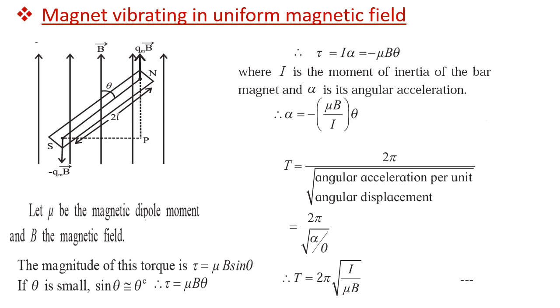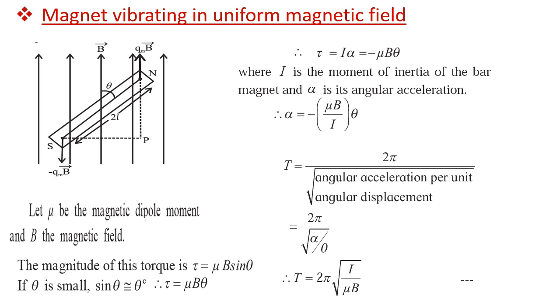So what is the changing factor in the equation? The changing factor is only theta, that is the angle through which the bar magnet is displaced. So if mu, B and I are constants, then the angular acceleration alpha is directly proportional to the angular displacement.